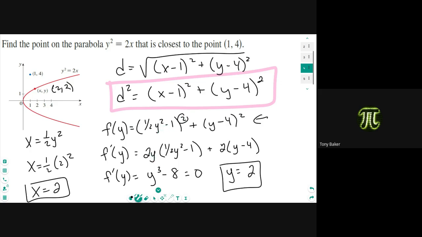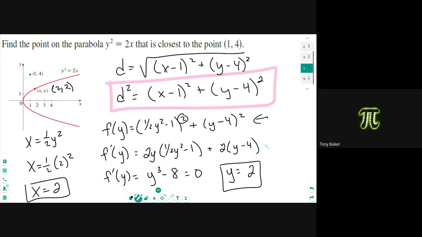And then I bring that down in front because it's squared and subtract 1, so there's the 1 left. So that's how you get the 2y with that left inside. The derivative of y minus 4 is just 1. So it's literally just bring down the 2 and subtract. So that's how you get the derivative. That makes sense or no?